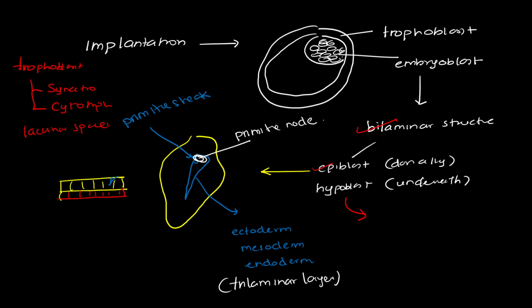This includes the yolk sac and the extra-embryonic endoderm. So these are the structures that are formed. Extra-embryonic endoderm plays an important role in the production of amniotic fluid that surrounds and cushions the developing embryo.